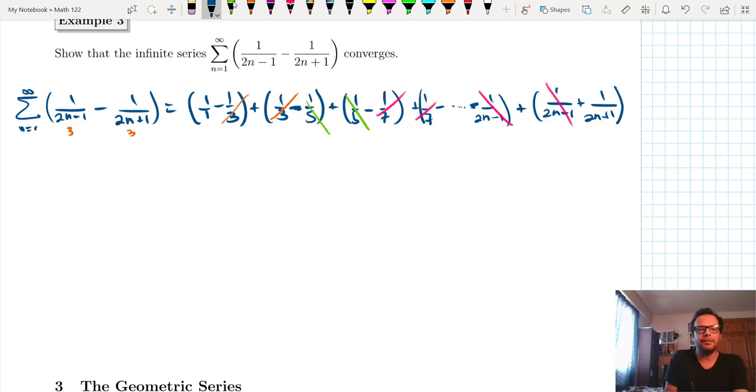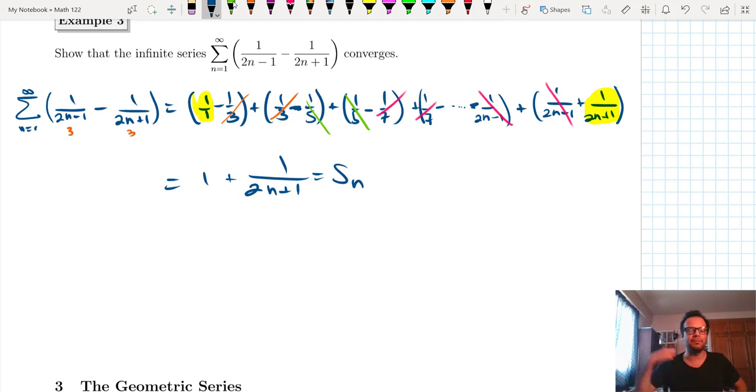Okay, so the only surviving terms are going to be the first and the last. So we get 1 minus 1 over 2n plus 1, which in this case is the sequence of partial sums.